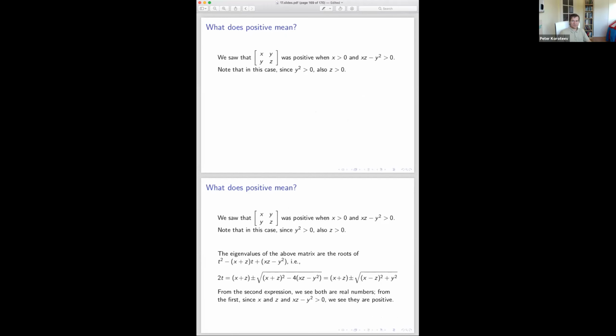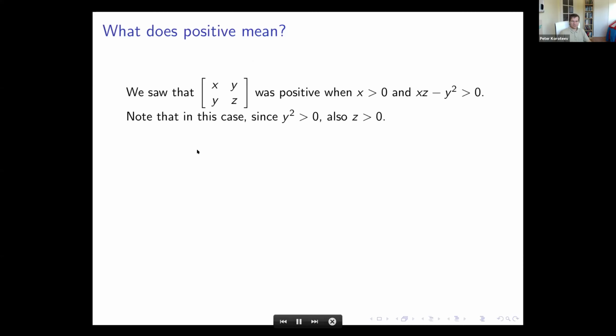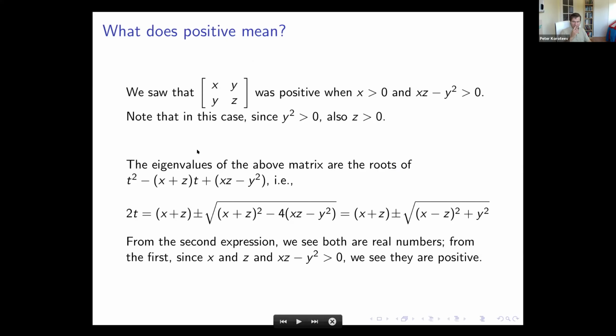From the second expression, we see that both are real numbers. From the first one, this is real, and this is also real because xz minus y squared is bigger than 0, so everything is positive. The discriminant is positive.